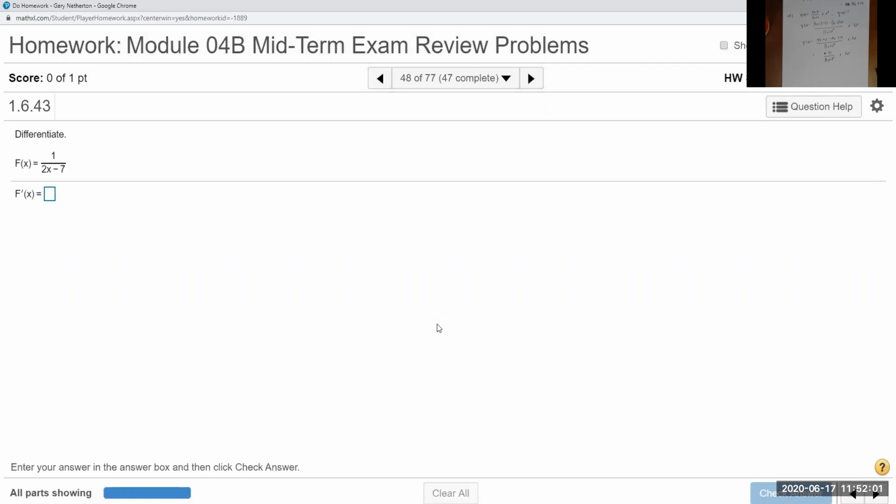F of x, 1 over 2x minus 7. Normally, the farther you go, the harder the problems get. This one doesn't look that hard to me. Maybe I'll be fooled. F of x equals 1 over 2x minus 7. Although this presents, once again, an interesting dilemma of how we would like to solve it.